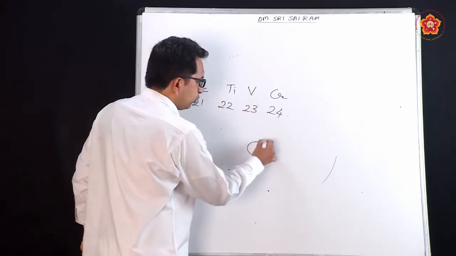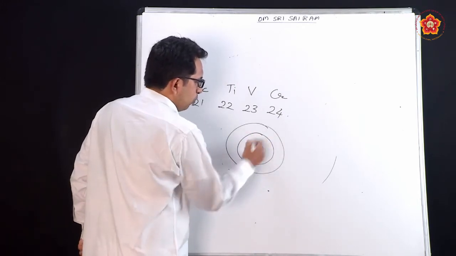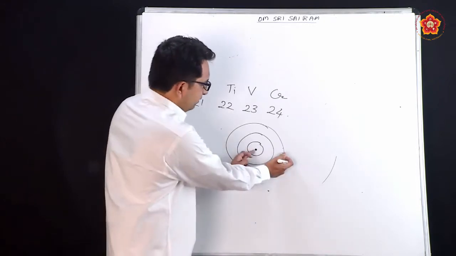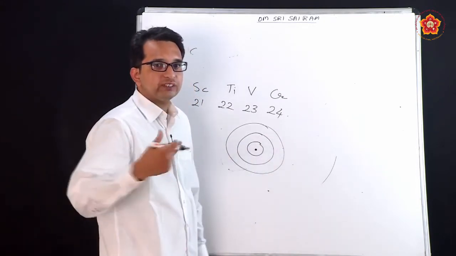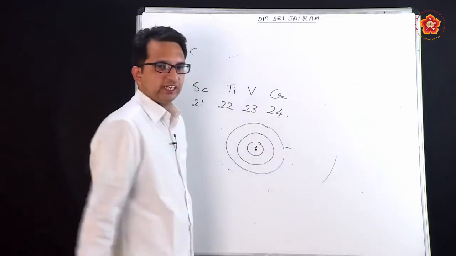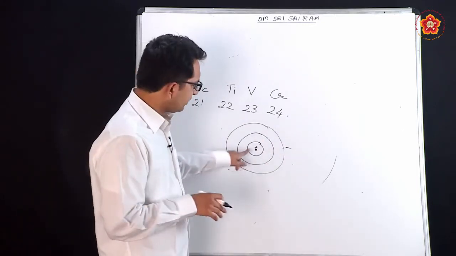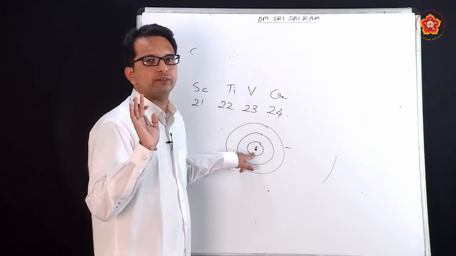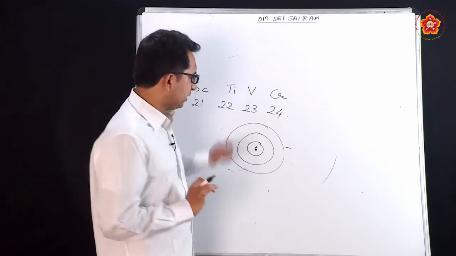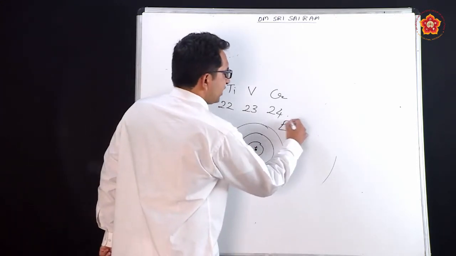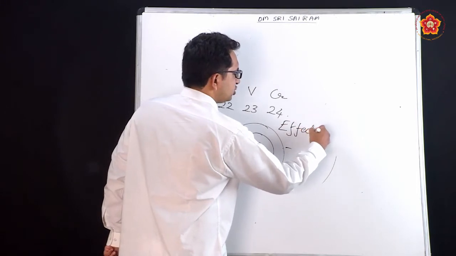So, what is happening is, the more the number of protons, the more the number of electrons, and the attraction between proton and electron gets higher, because proton is positively charged and electron is negatively charged. No doubt neutrons are also present inside, but they do not give any charge. So there is a force of attraction, and this is called the effective nuclear charge.